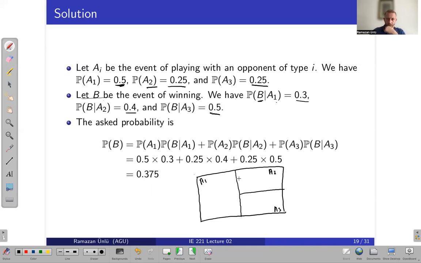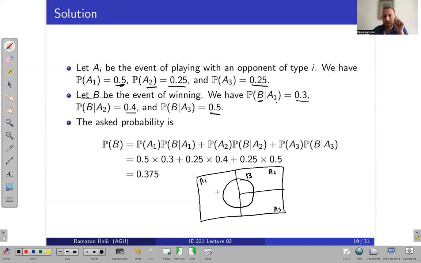And let's say this is B, the event of winning the game. We will randomly choose a point, and we need to calculate the probability of winning the game, right?